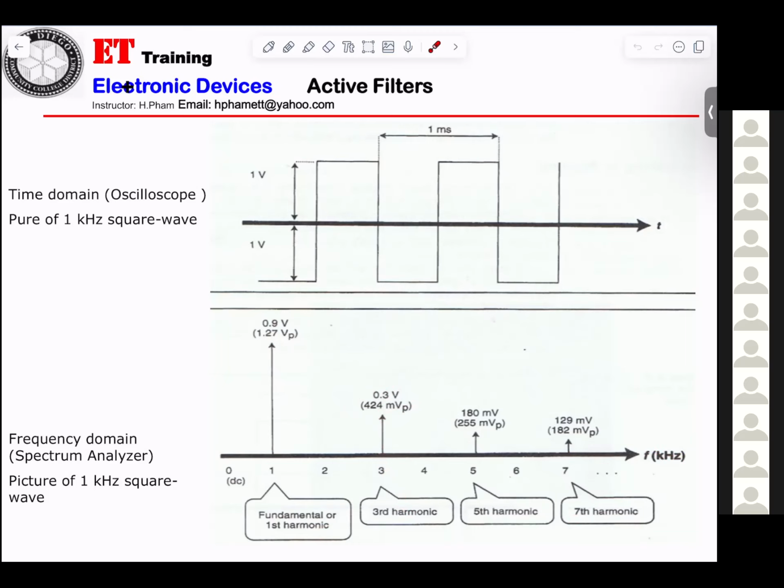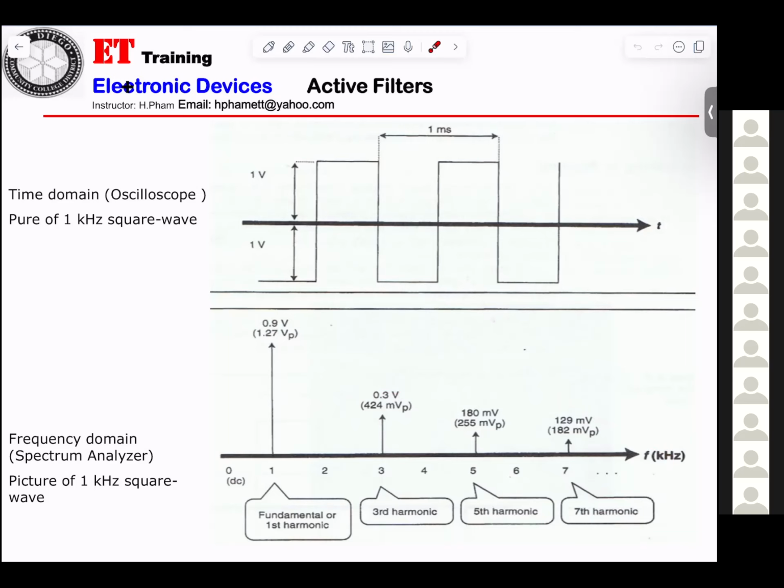So you can see the difference between the square wave displayed on the oscilloscope and the square wave displayed on the spectrum analyzer.